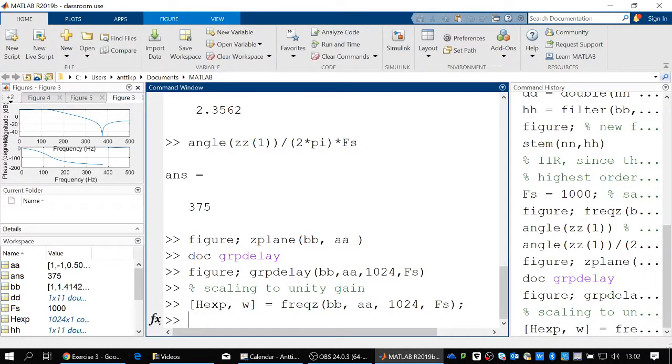If we divide or rescale, for example, the coefficients B with this value, we will get what we needed. So practically what we are doing is: H(z) equals the sum of b_k z^-k over the sum of a_k z^-k.